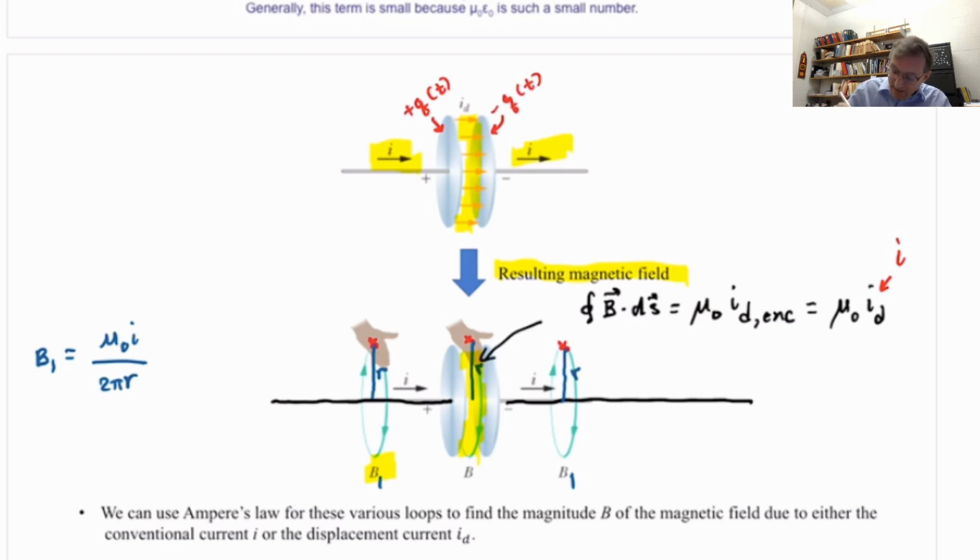And if we call the magnetic field in this region B2, you can use this result to solve for B2, and it has the same form as B1, except you're using the displacement current. And so we can use this modified Ampere's law for these three various loops to find the magnitude of the magnetic field due to either conventional current I or displacement current I_D.